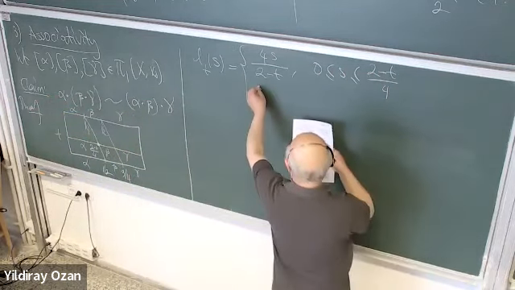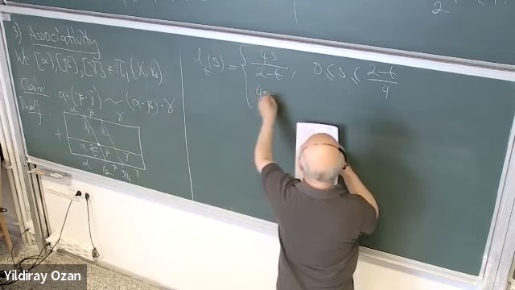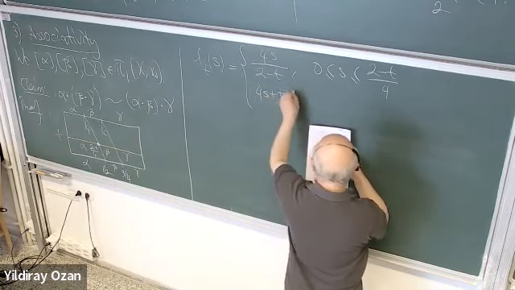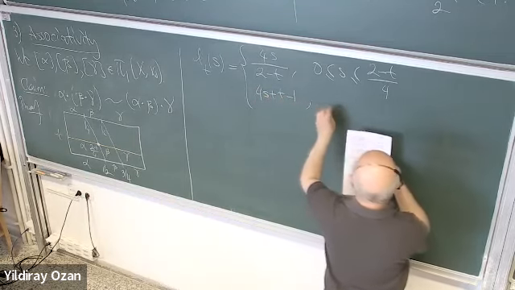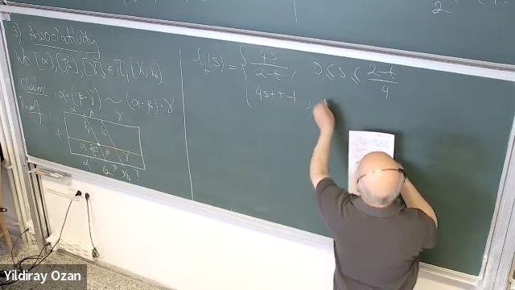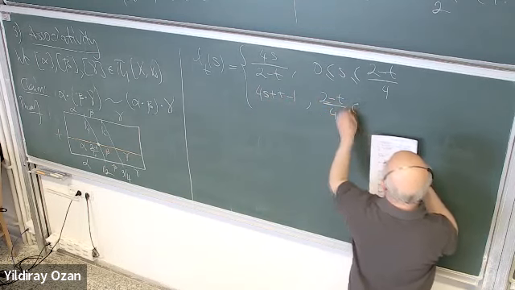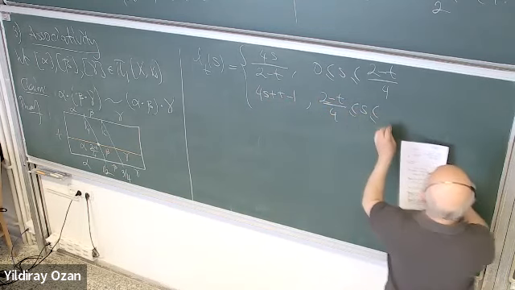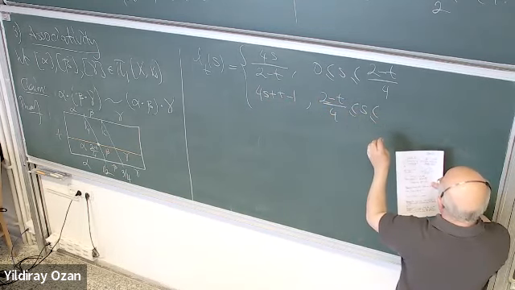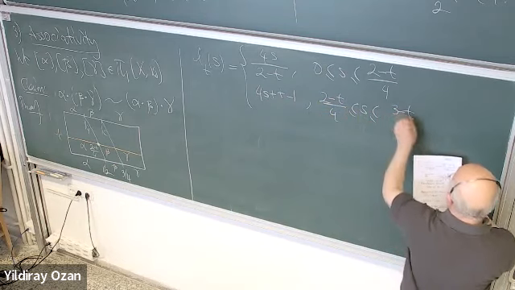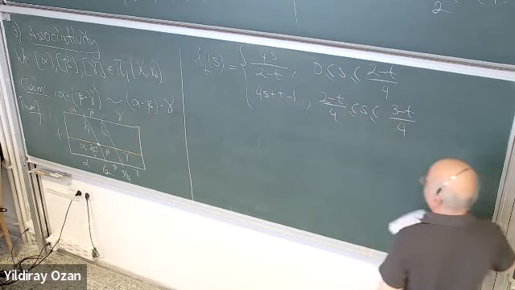And then your function is just 4s plus t minus 1 for s between 2 minus t divided by 4 and 3 minus t divided by 4.